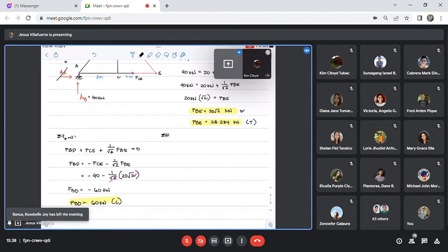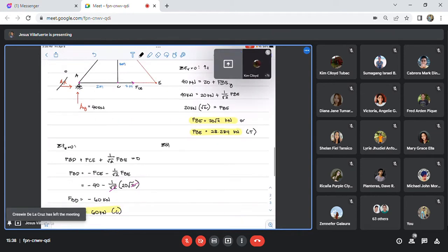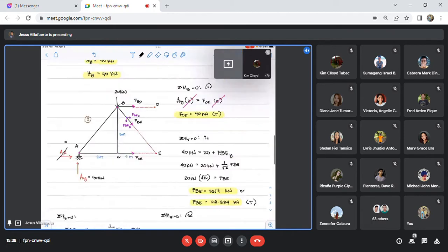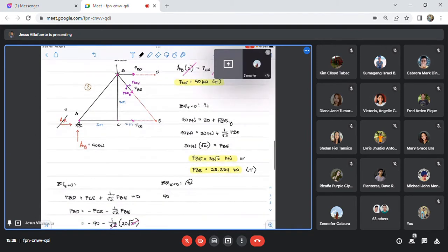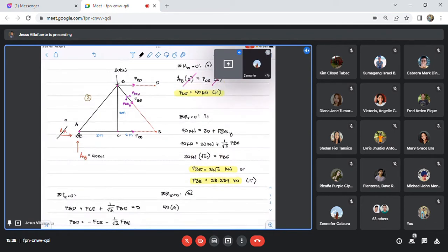Taking summation of moment at point E is equal to 0, clockwise is positive. So what are the clockwise? We have AY, that is 40 kilonewton. What is the moment arm? 4. Very, very good. That is 4. What other clockwise? It's FBD, right?